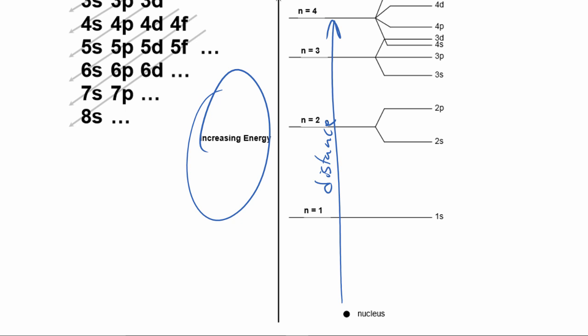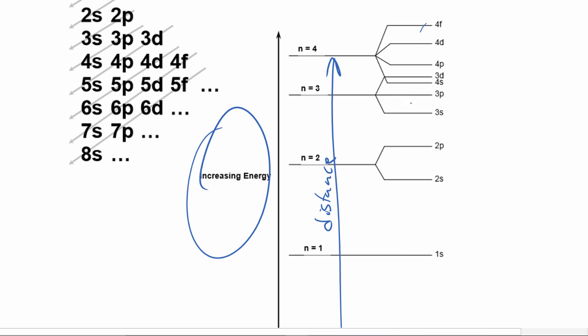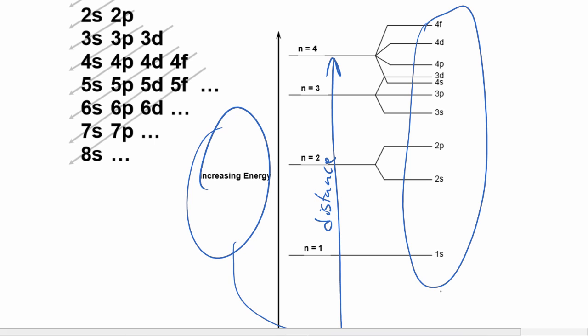But what happens is this. These over on this side aren't so much in terms of distance. This scale here should actually be over on this side right here. These represent increasing energy. So the 4s sublevel, even though it's part of the 4th energy level that's further away from the nucleus, because its shape is very simple, actually has less energy than the 3d.